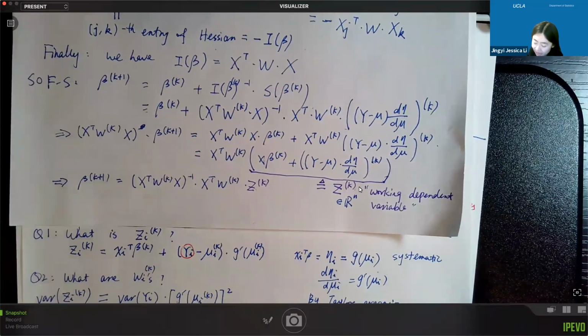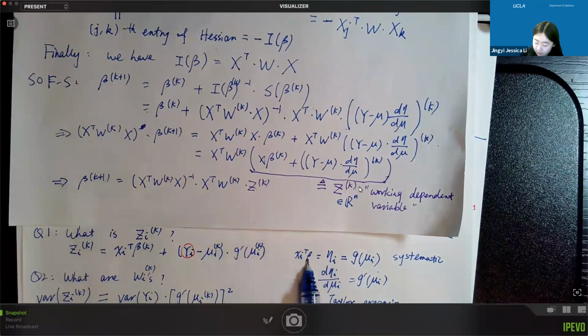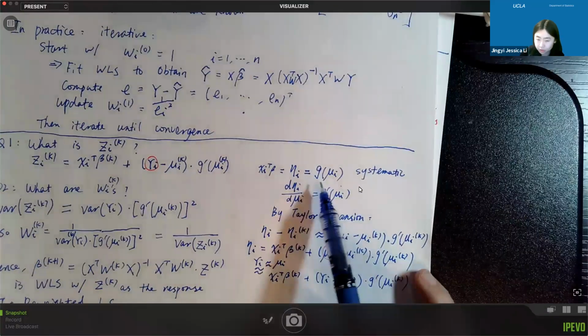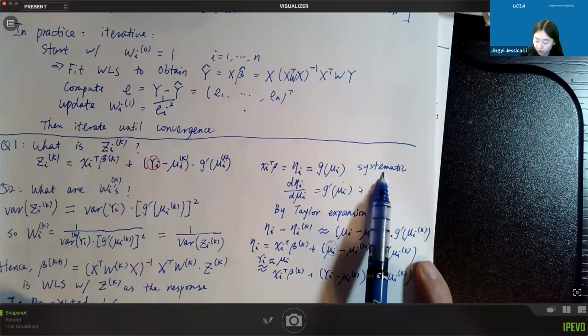We know that x_i transpose beta is what we call eta_i, the linear predictor. And by the systematic structure of our GLM, it is g of mu_i.